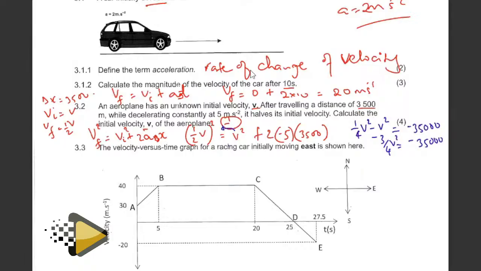So divide both sides by 3/4. So which means my V squared is going to be 35,000 divided by 3 over 4, which is 46,666.67. And then I find the square root.